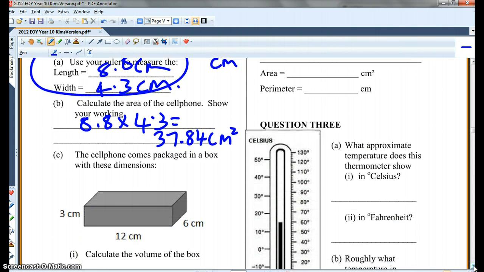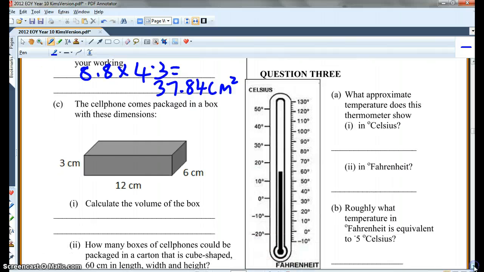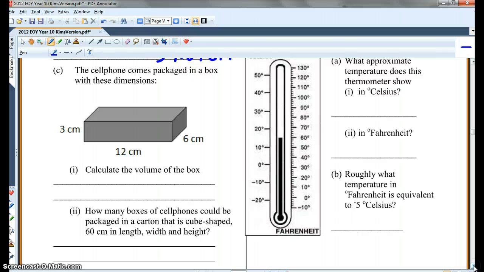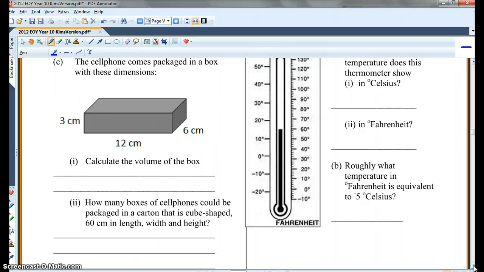The cell phone comes packaged in a box with these dimensions. Calculate the volume of the box. So for volume, this times this will give us this area here, and then we can times by depth. So we're actually timesing this by this by this.